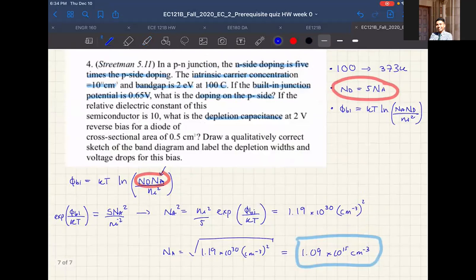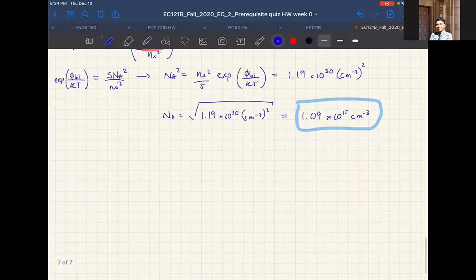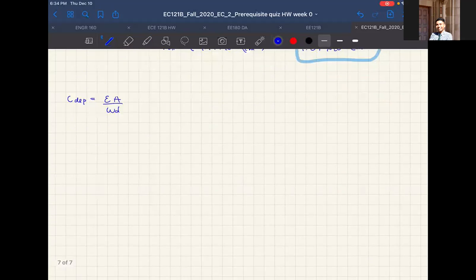Part 2 of the problem asks you to find the depletion capacitance for a 2-volt reverse bias diode. So to do that, that is the long equation that you said. So we would use that C is equal to epsilon A over WD. Now you could put the WD equation directly here, but I like to do it in parts.